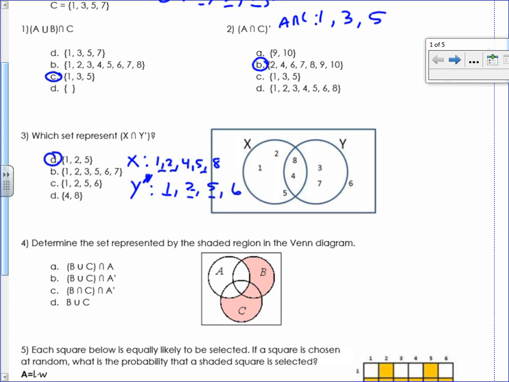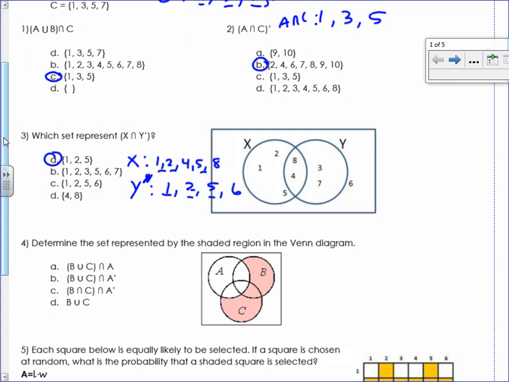Okay, so watch. We're looking for the overlap, the intersection, what's in common between these two things. The first thing is X. X is 1, 2, 4, 5, and 8.